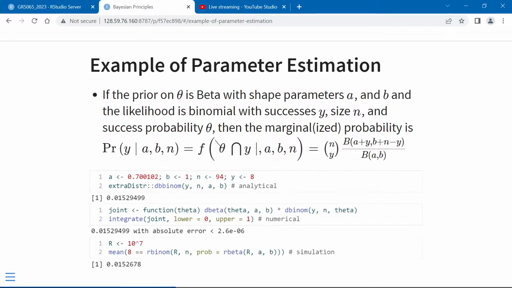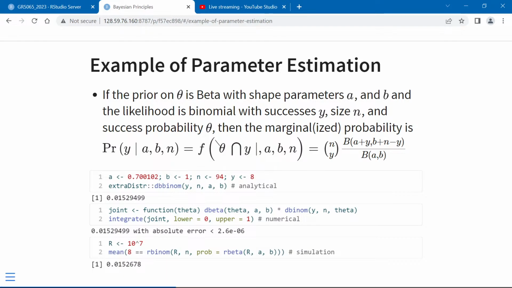And so if we do this using the stuff that Pfizer had in their report, the denominator of Bayes' rule is going to be beta binomial.